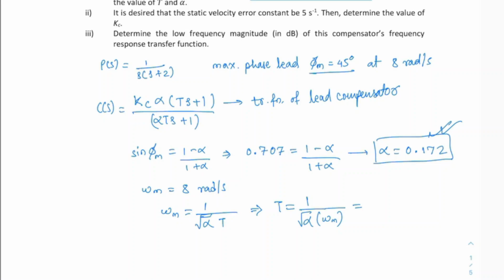When we substitute alpha as 0.172 and omega m as 8 radian per second, the value comes out to be 0.3.